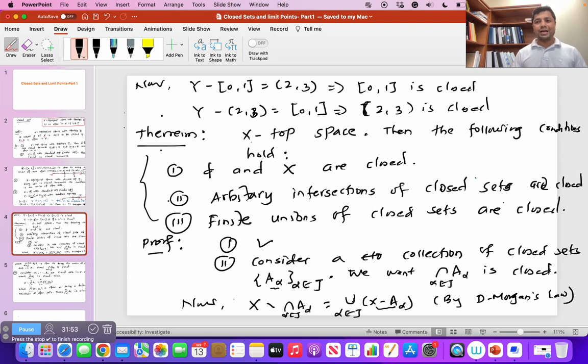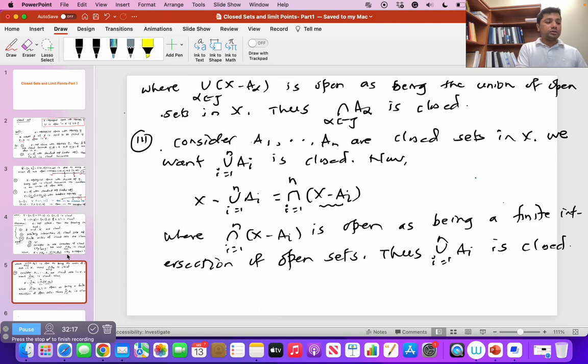Now we can say that if you have a collection of closed subsets of a given set, and that collection satisfies these three properties, then that collection is a topology. So that means we can use closed sets to study topology on a given set.